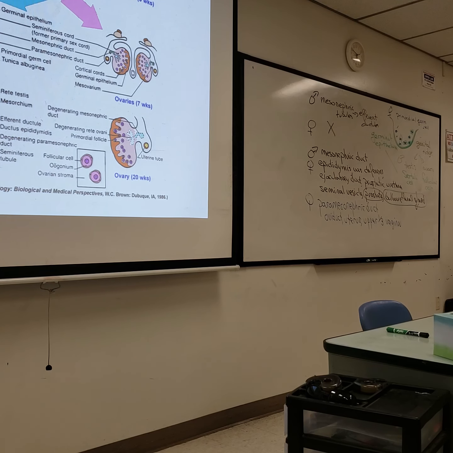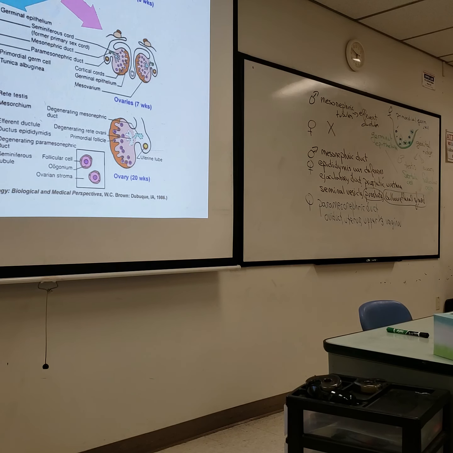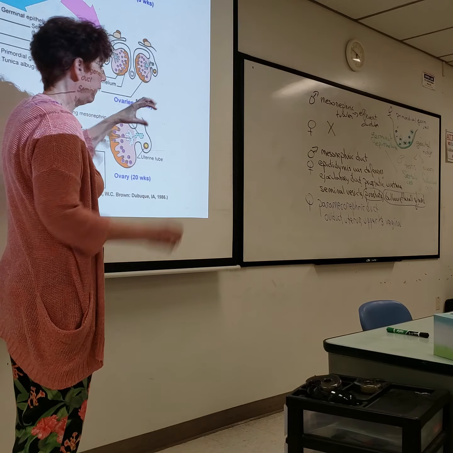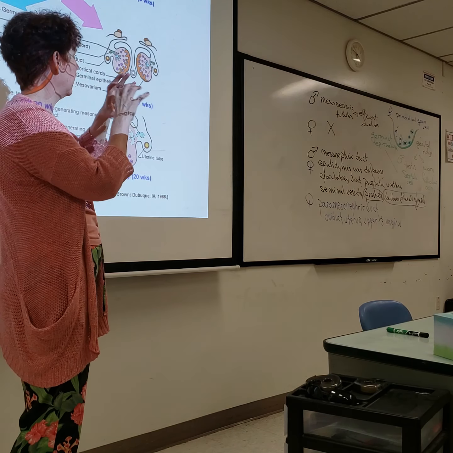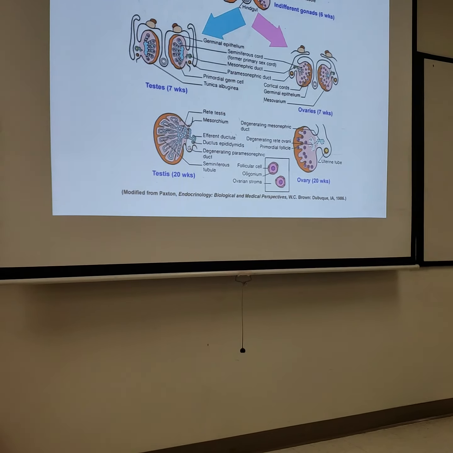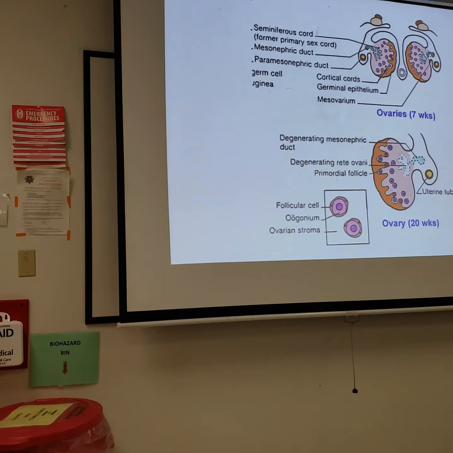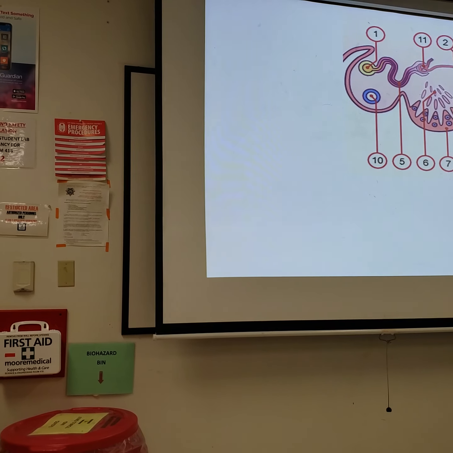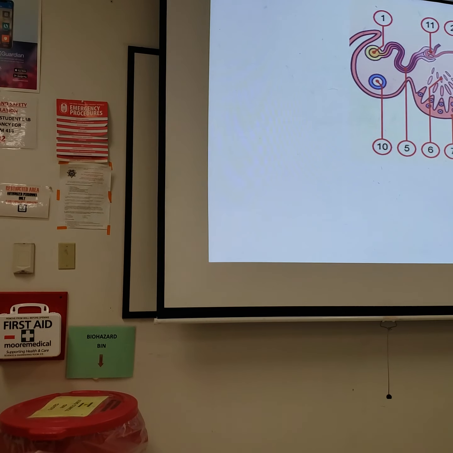So this just kind of summarizes how the germinal epithelia here are forming the seminiferous tubules, whereas in the female, they're forming not a ring, but that's what it looks like in cross section, but a ball. So let's look at some of the slides similar to what I showed you for male.